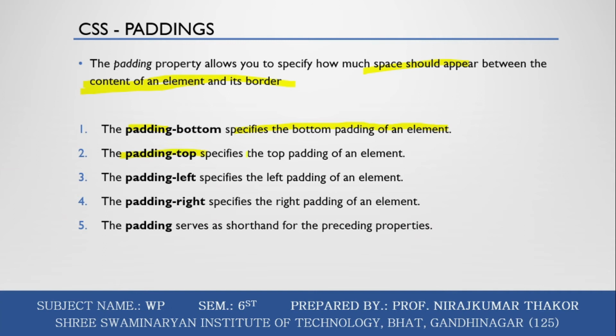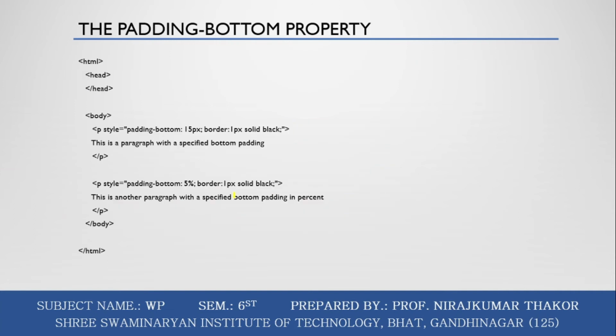Padding-top specifies the top padding of an element. Padding-left specifies the left padding of an element. Padding-right specifies the right padding of an element. And padding is the shorthand of the preceding properties. So these are the 5 CSS padding properties.